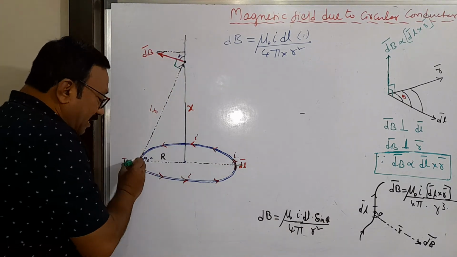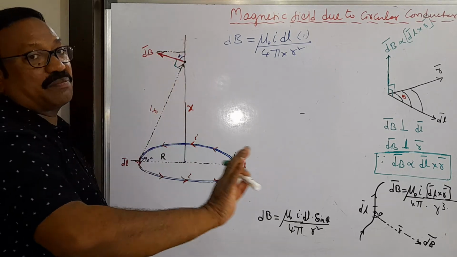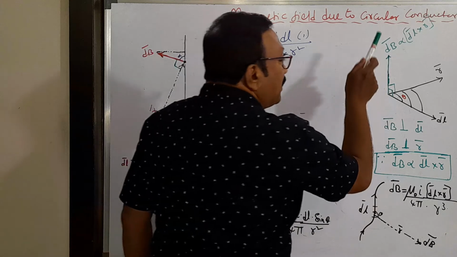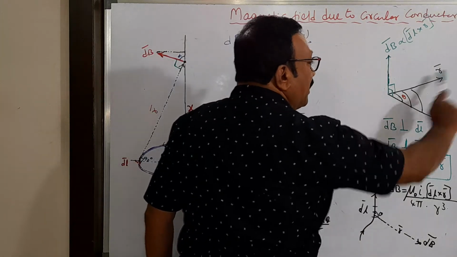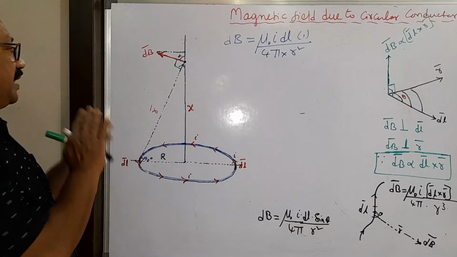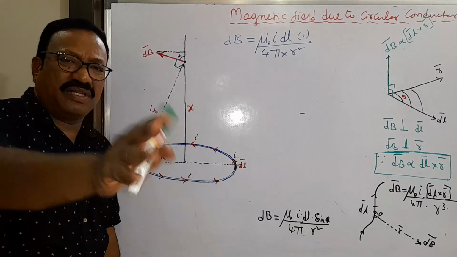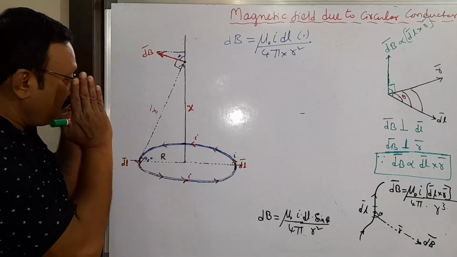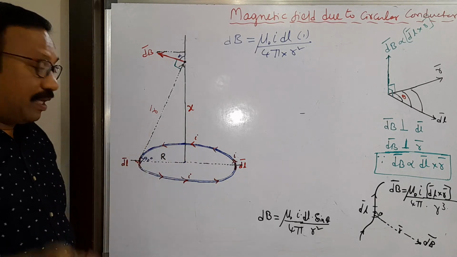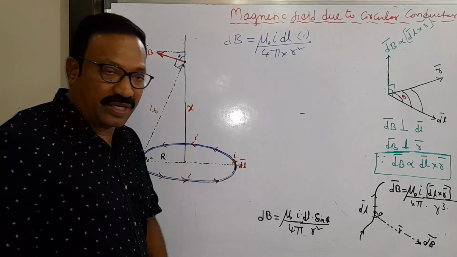So this dL bar, this r bar and this dB bar are perpendicular, like how this dB bar is perpendicular to dL and as well as r bar. Fine. Till here it is fine. Derivation is very simple, 3-4 steps. But understanding all this is very important. Right. Now, if you have not followed this, let us do it here also so that you will follow clearly.